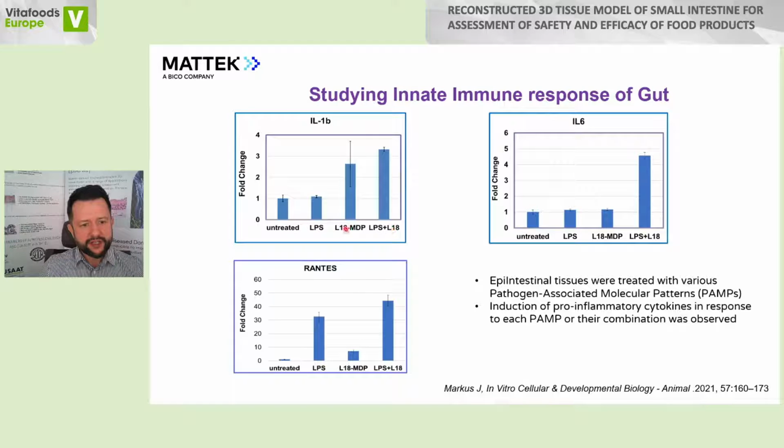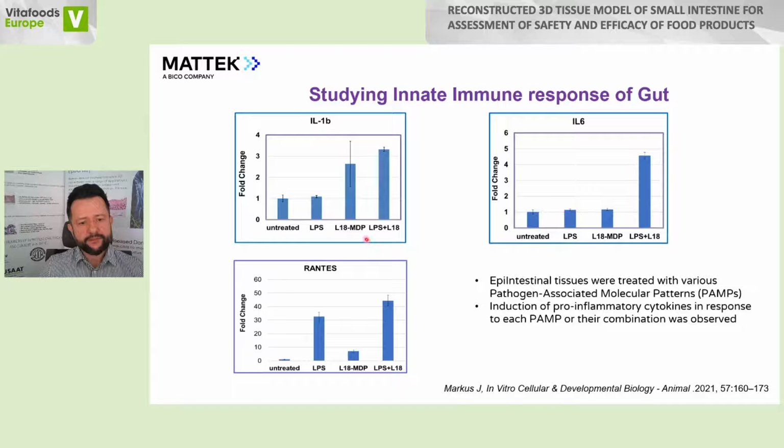So we treated our tissue with several of these pathogen-associated molecular patterns, or PAMPs, and we looked at the cytokine response. As you can see in these few examples, the tissues treated with these PAMPs produced all of the tested cytokines. What was even more interesting, if the tissue was treated with a single PAMP, there was a certain response, as you can see in the middle bars.